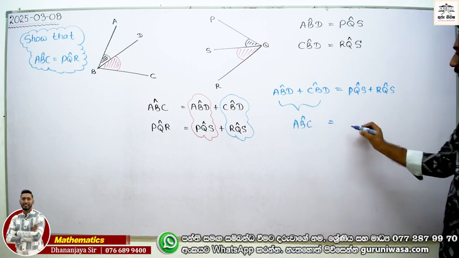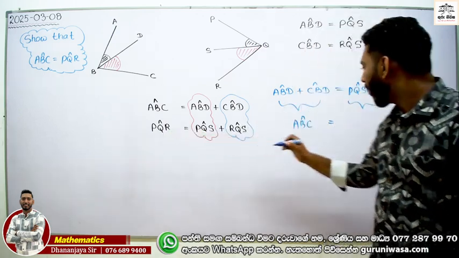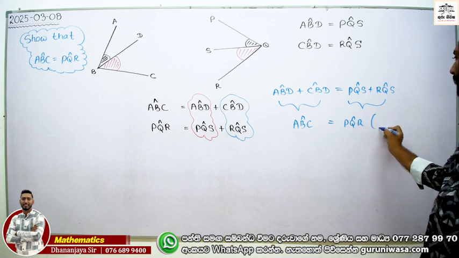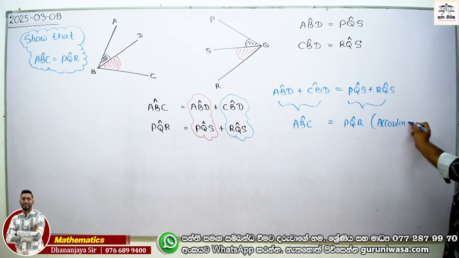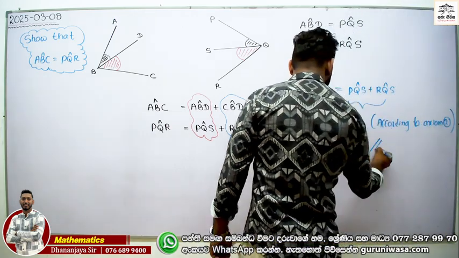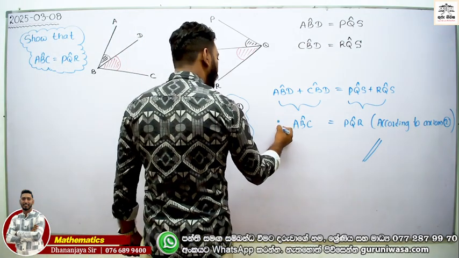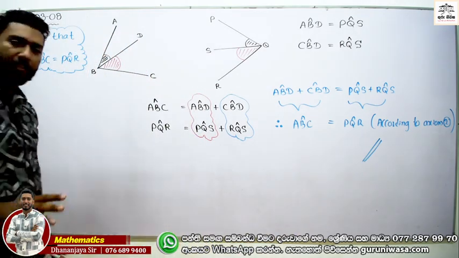Therefore, it should equal PQS and RQS, which is angle PQR, according to axiom number 2. Right? Easy. That's the way to show that. Therefore, angle ABC equals PQR. And this one is easy.